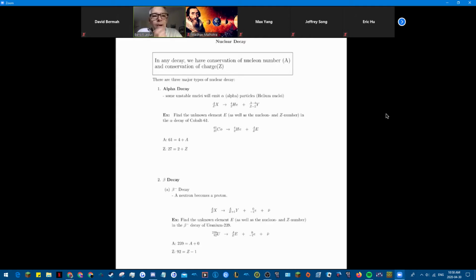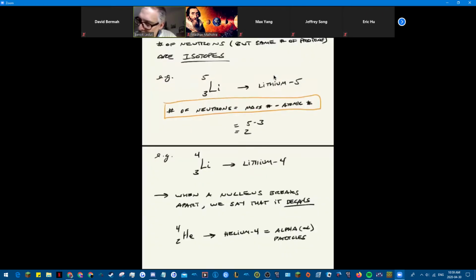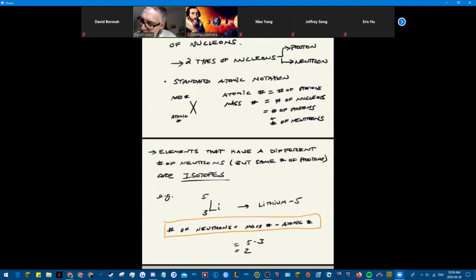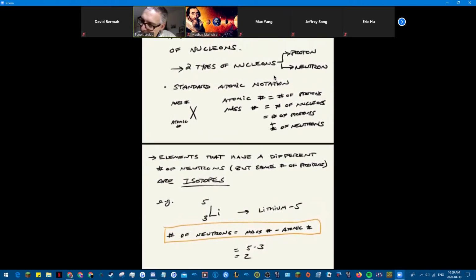There are other conservation laws, and one of them is called conservation of nucleon number. Oh, by the way, where did I put this here? The nucleon number, so let's go back to this. Nucleon number is the mass number here. So this is also called nucleon number. So the mass number is also called the nucleon number, and this is given the symbol A. I forgot to do that here.